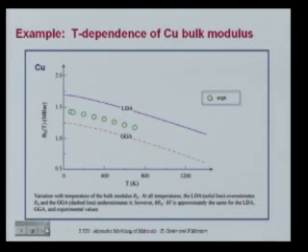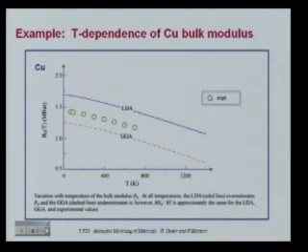So let's say somebody asked you to calculate the temperature dependence of the bulk modulus of a material. How do you turn temperature on here? In essence, what I'm asking you is, what is the essential physics that makes the bulk modulus temperature dependent? Because if you know that, then that's the physics you want to include.